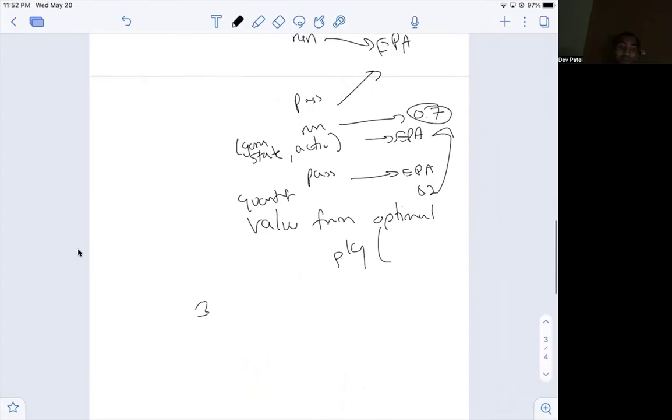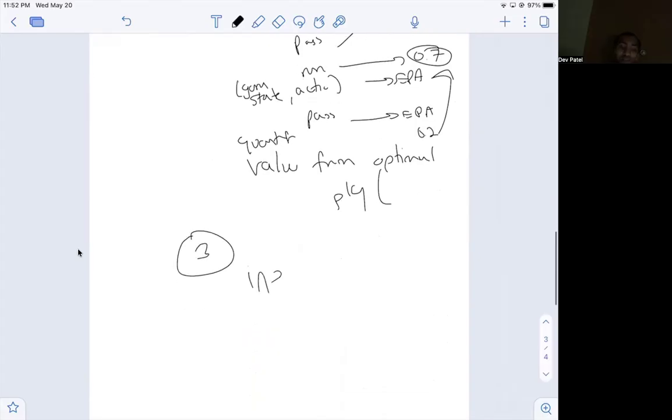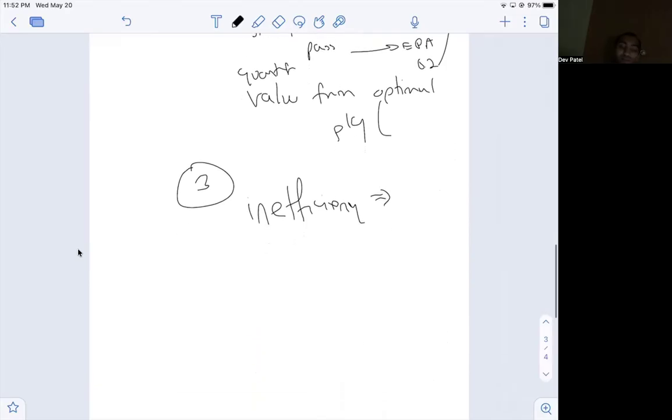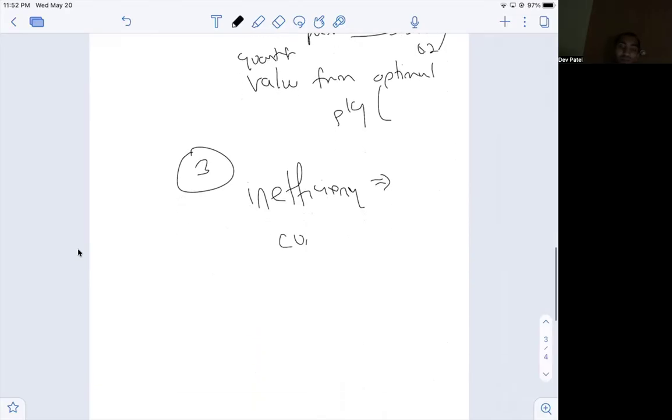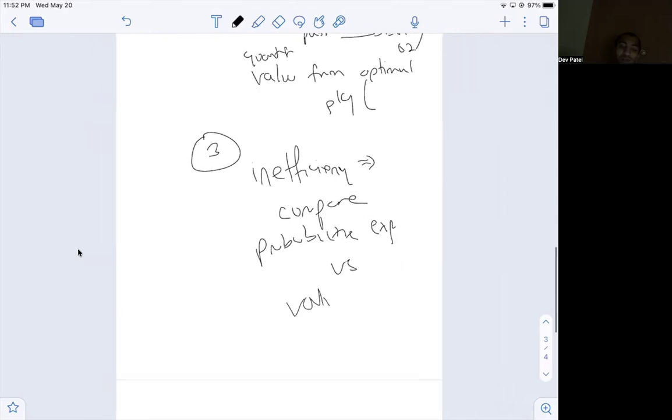And so that should be expressed in our inefficiency metric, which may not be a simple difference. It could be a difference, but it's going to compare the probabilities of the expected play call versus the value added from the optimal play to get an inefficiency or efficiency metric.